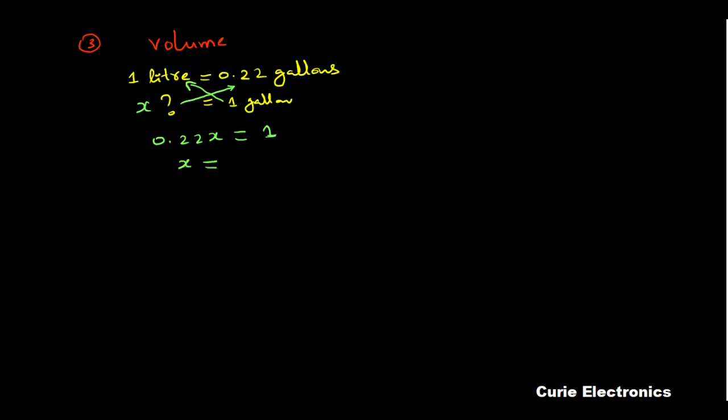So x, the number of liters, is 1 upon 0.22. If you do this, we get 1 gallon equals 4.546 liters. So if we know 1 liter equals 0.22 gallons, we can easily find how many liters make 1 gallon. Okay, so that's about volume.